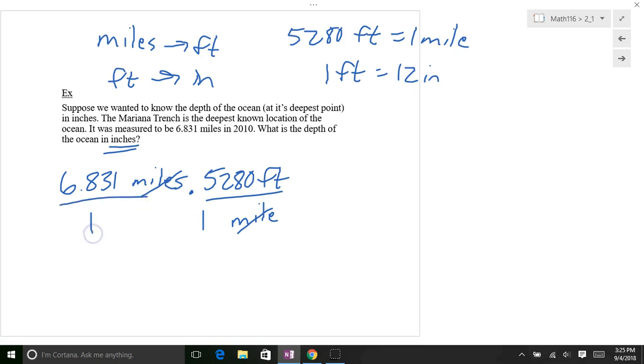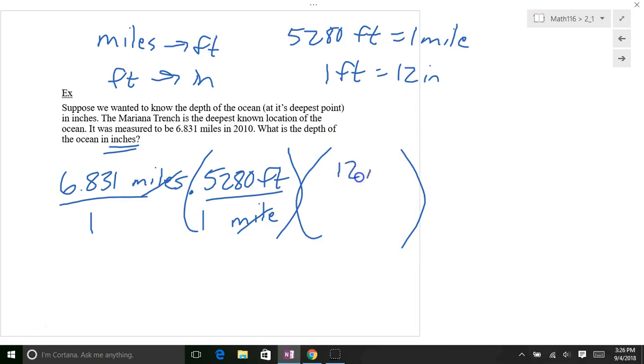This is over 1, by the way, so 6.831 times 5,280 is how many feet you have. So now we went from miles to feet. Since 5,280 feet is the same length as 1 mile, it's kind of like we're multiplying by 7 over 7. We're not changing the length of the 6.831 miles, we're just changing it to feet. And now that we're in feet, we're going to go to inches.